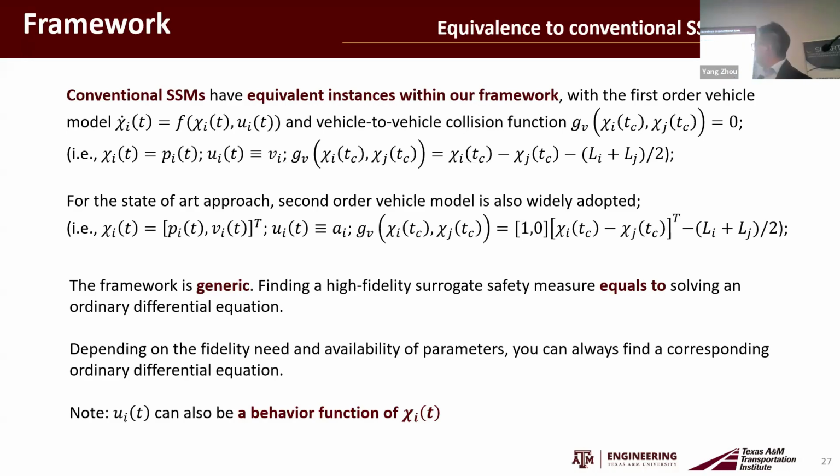Or you can even do the second-order vehicle dynamics, and you can get some acceleration-related surrogate safety measures. But what I should always say is that the thinking itself matters.